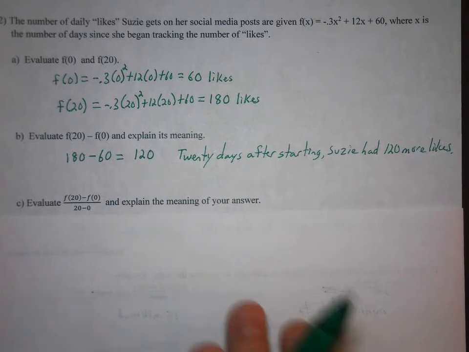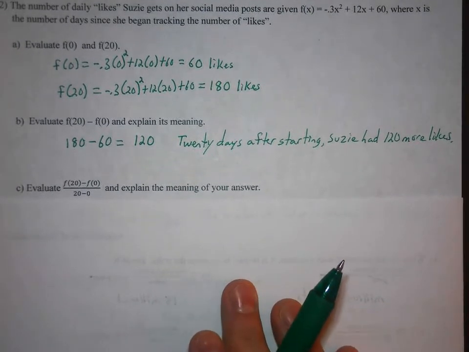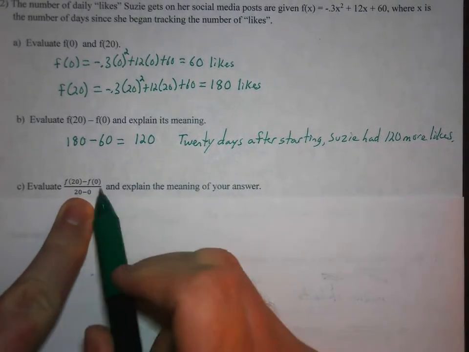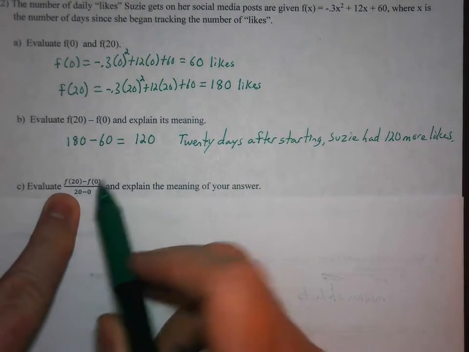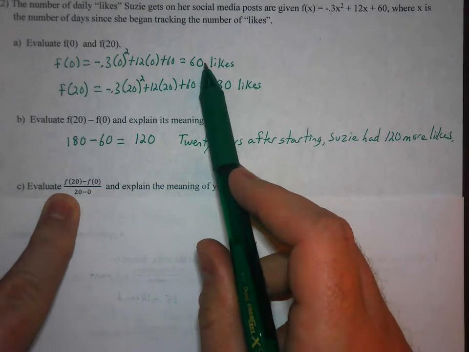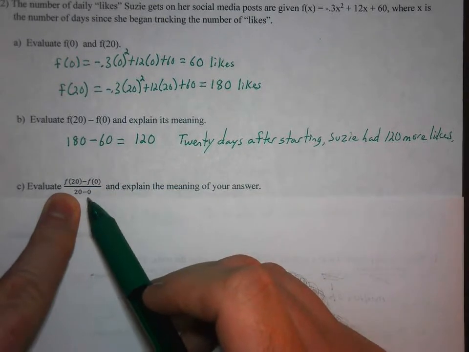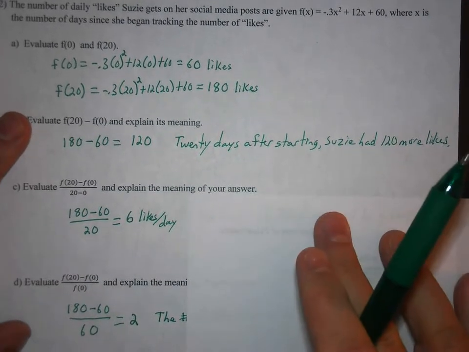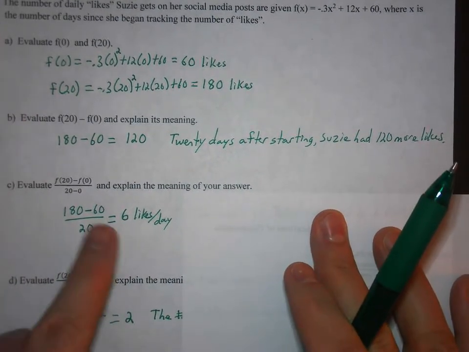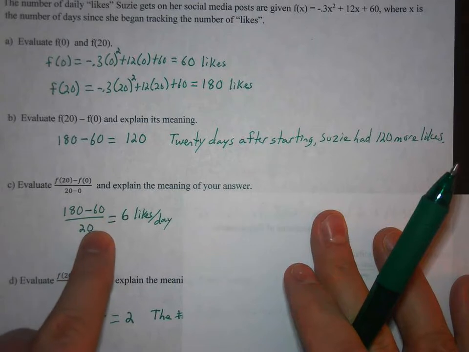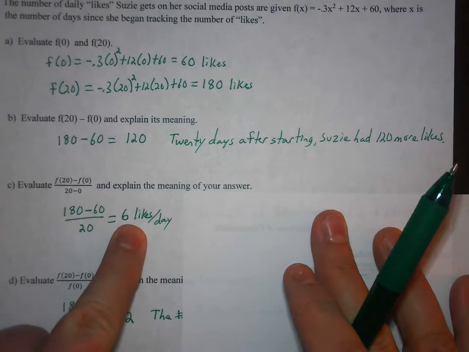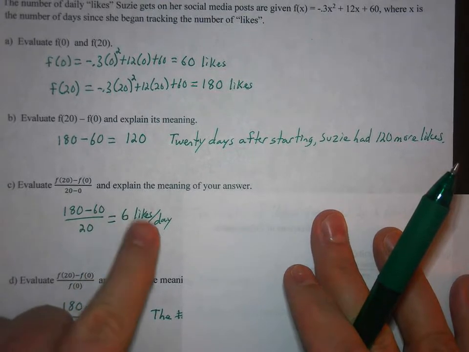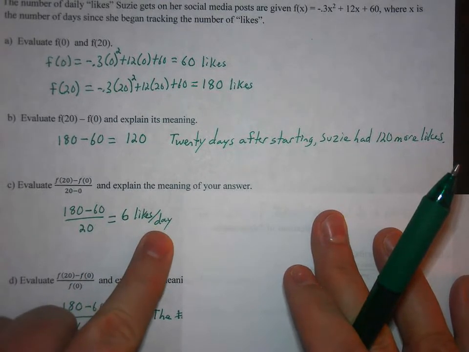In part C, f of 20 minus f of 0 divided by 20 minus 0. So here, again, f of 20 and f of 0 we already have, 180 and 60, and then 20 minus 0 is 20. So when you do that calculation, notice what that gives us: 120 over 20, which is 6. The units on that, and this is why I want you to pay attention to units, are likes per day.